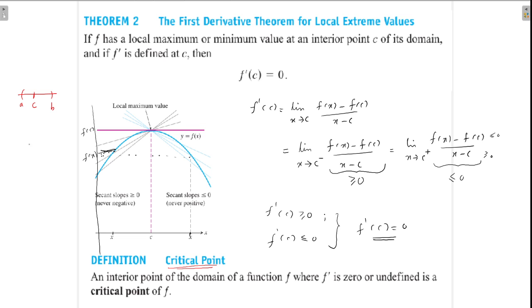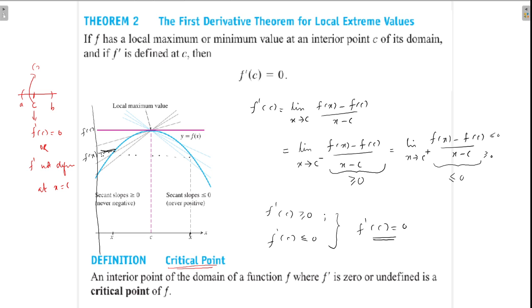At this point you can evaluate f dash c if f is differentiable. If this is 0, or f dash is not defined at the point x equal to c, in either case we can say that this c is a critical point.